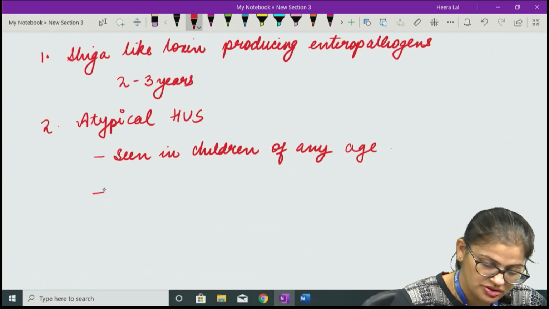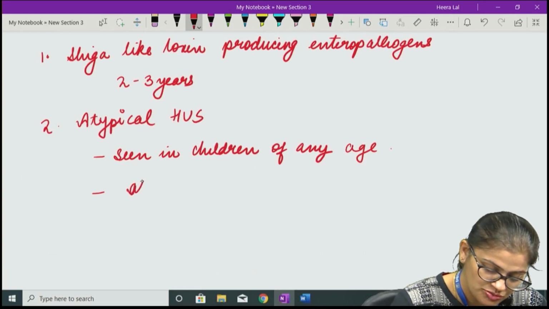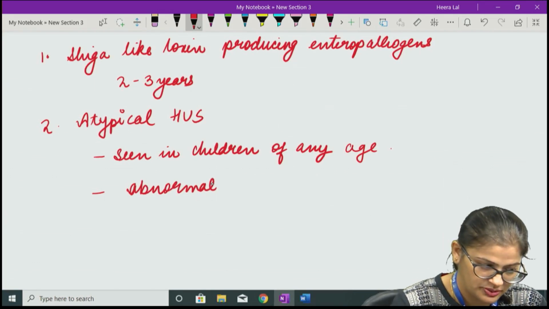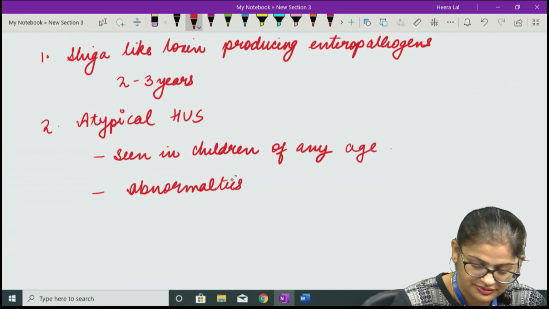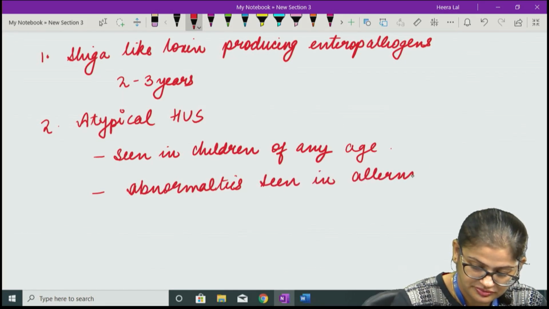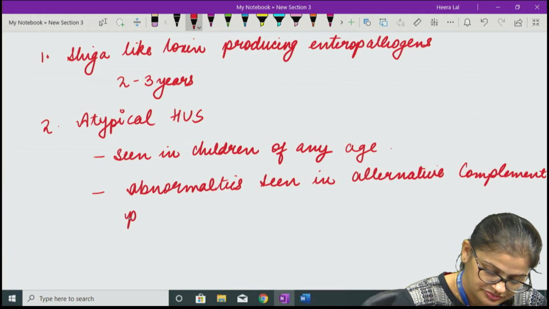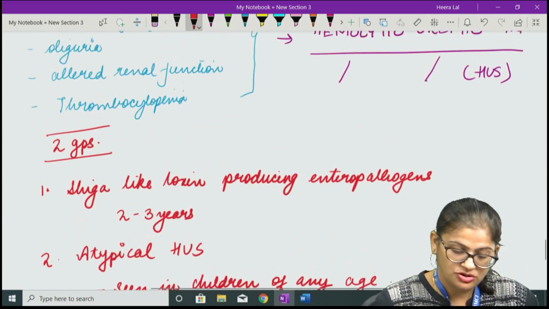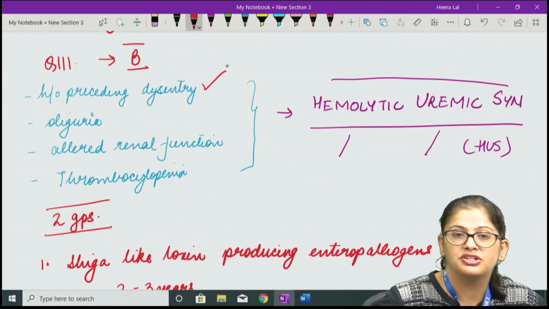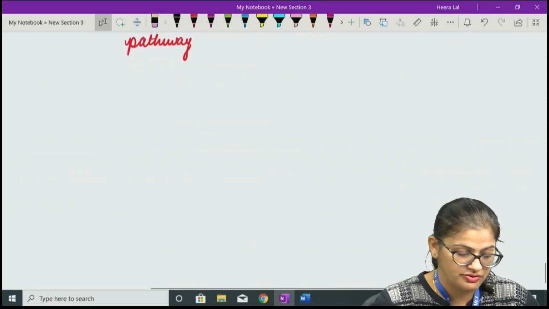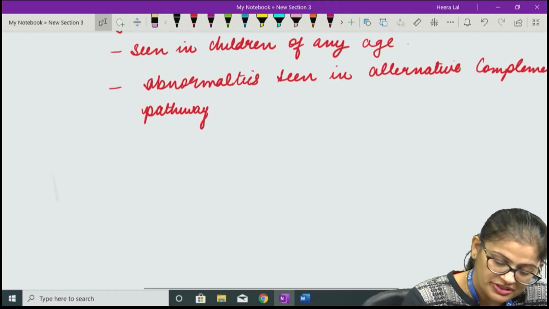Usually these children have abnormalities of the alternative complement pathway. That is why the history of preceding dysentery is important, because it is basically the causative organism. So the history is there.